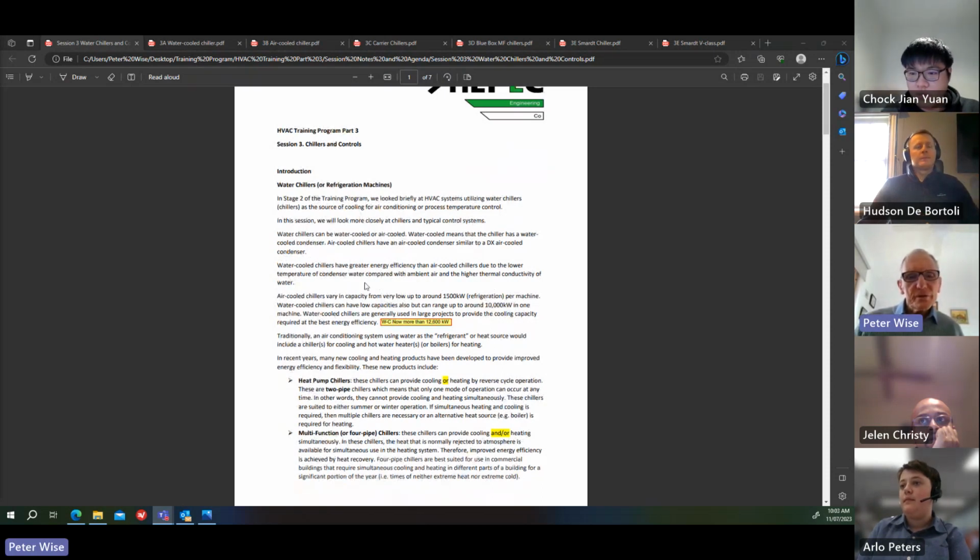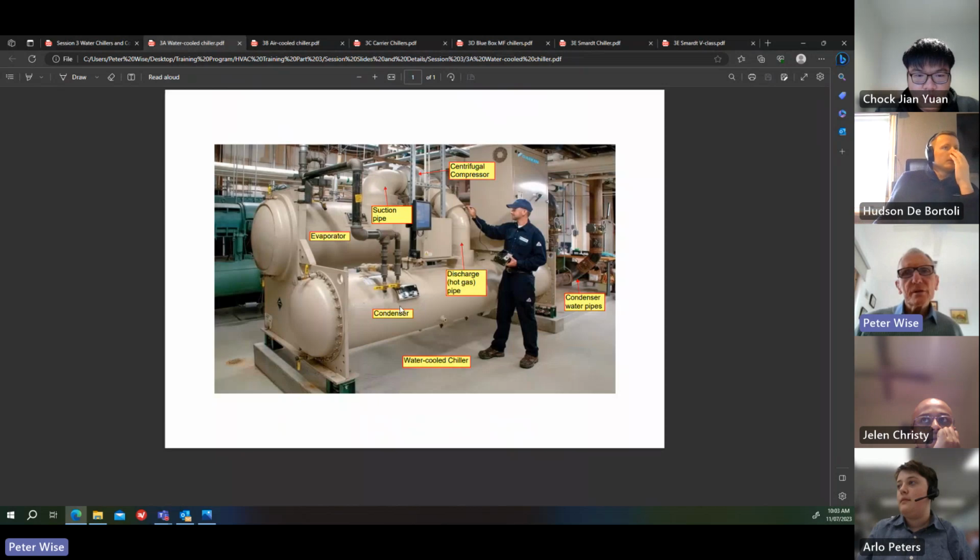So water chillers can be water-cooled or air-cooled. Water-cooled means that the chiller has a water-cooled condenser, and air-cooled chillers have an air-cooled condenser similar to a DX air-cooled condenser. So I'll show you a picture. We've seen this one before in the previous session. That's a water-cooled chiller. It's got a water-cooled condenser vessel, evaporator vessel, and the condenser water is connected.